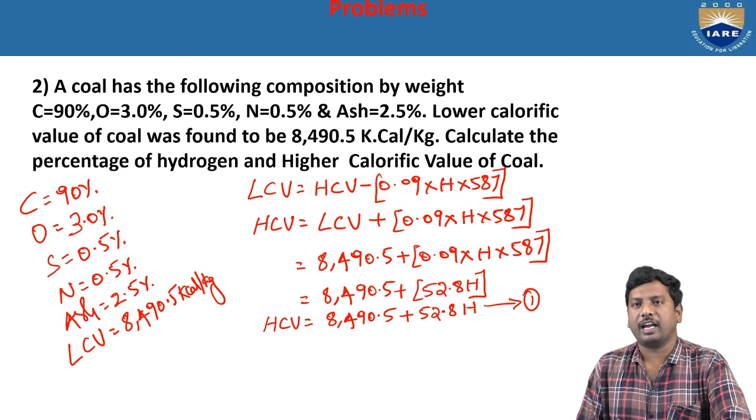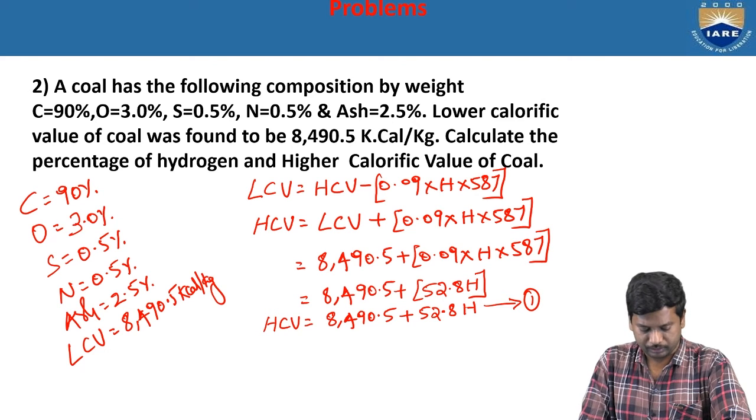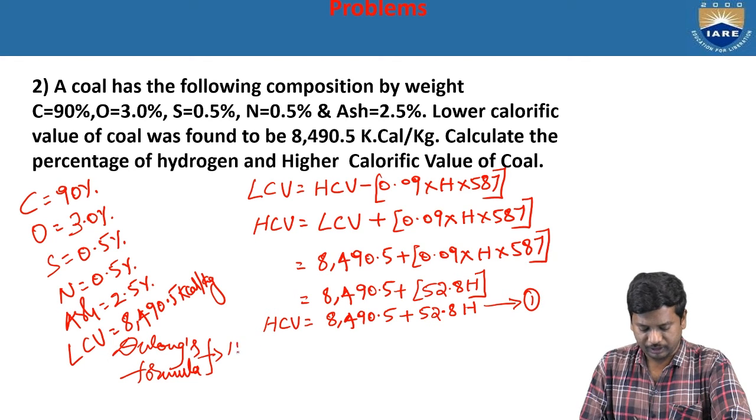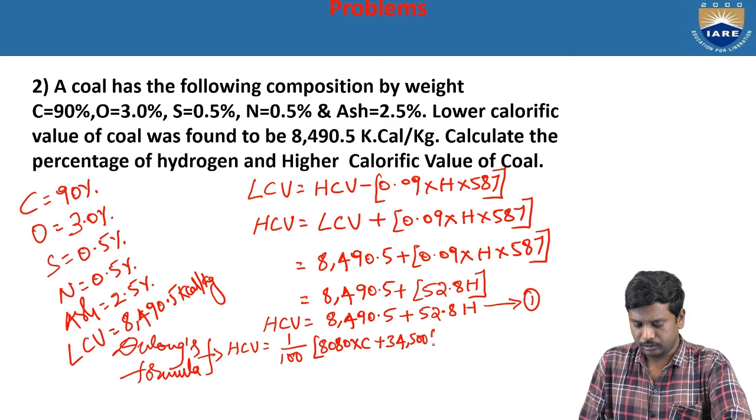So again we calculate the higher calorific value from Dulong's formula. What is Dulong's formula? HCV is equal to 1 by 100 into 8,080 into percentage of the carbon plus 34,500 into hydrogen minus oxygen by 8 plus 2,240 into percentage of the sulfur.